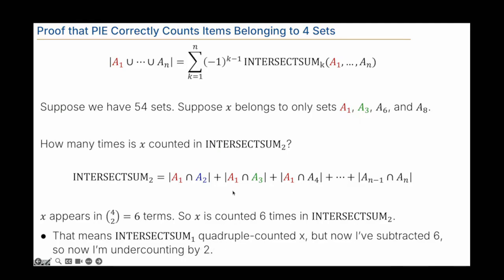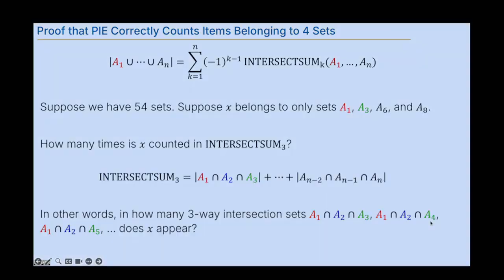This is a little confusing. But we started with 4, we subtracted 6. How about intersect sum 3? I'll let you think about this one for a second. I'll cover my ears. How many times does it count? How many of these sets does it live in? I like 4 choose 3 as an answer. So what's one of the sets it belongs to, somebody?